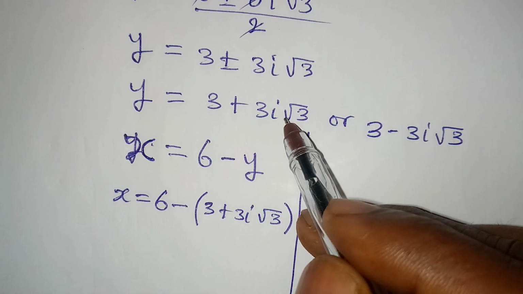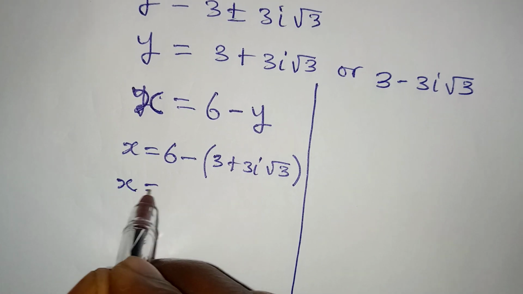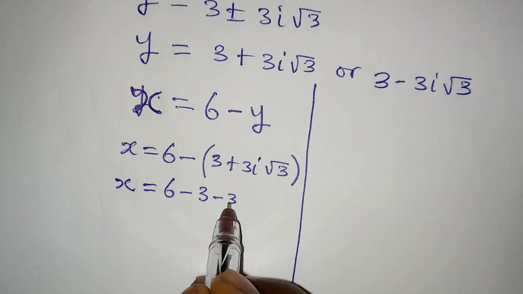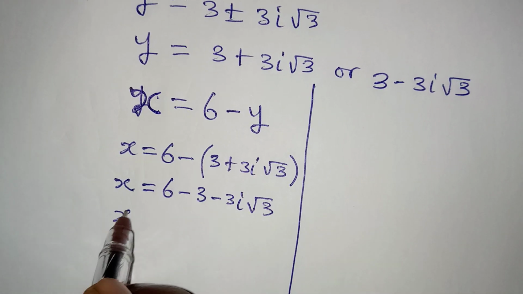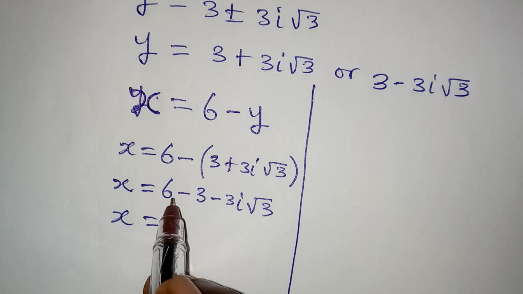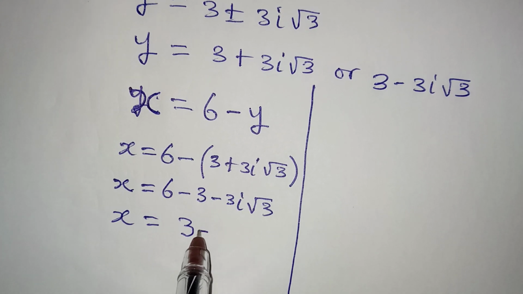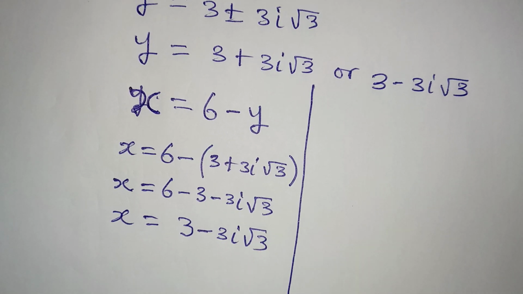So this is for the first value of y. And from here, our x is equal to 6 minus 3 minus 3i square root of 3. So our x now is equal to 6 minus 3, which will give us 3, then we have negative 3i square root of 3.